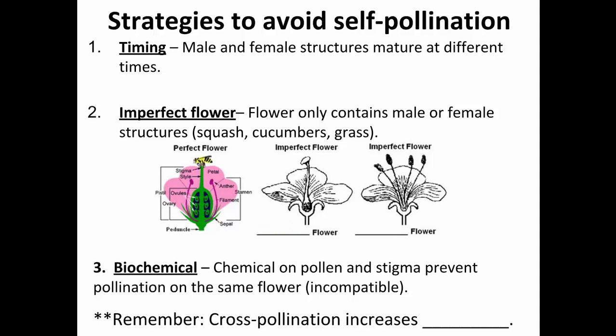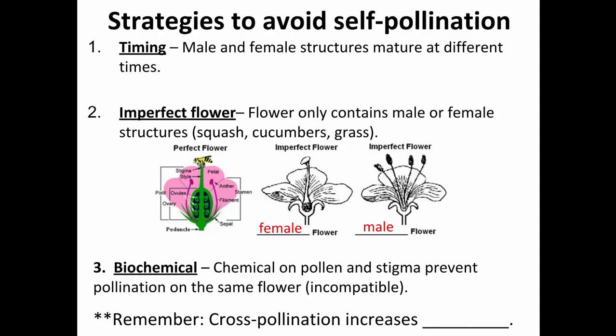Another adaptation is having imperfect flowers. Some flowers don't have male and female parts inside of one flower. They have male flowers, like this, and female flowers, like this. And therefore, it's less likely that self-pollination will happen because the reproductive structures are in different flowers. Some plants even have male plants and female plants.